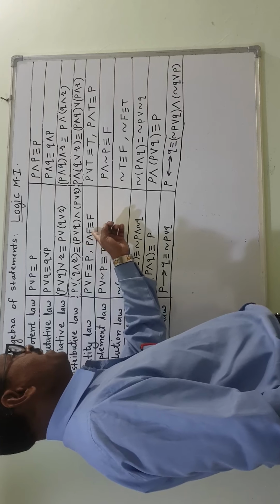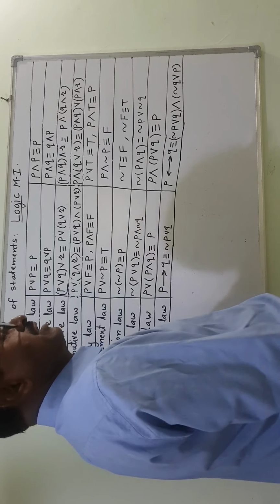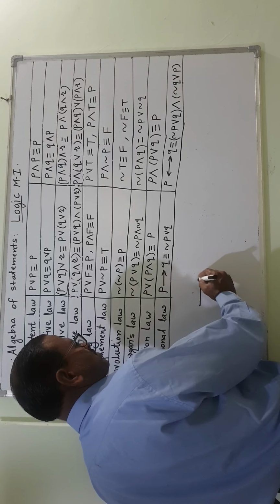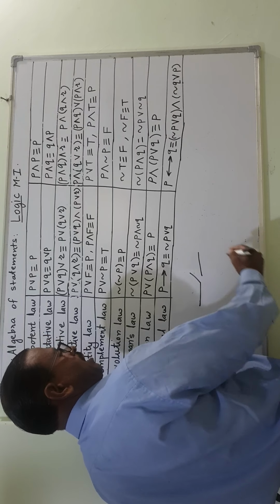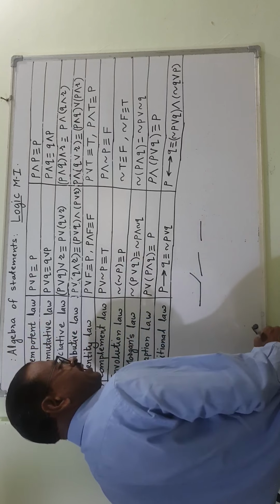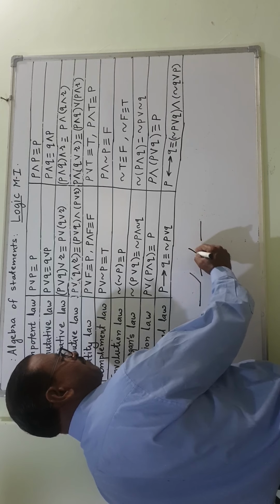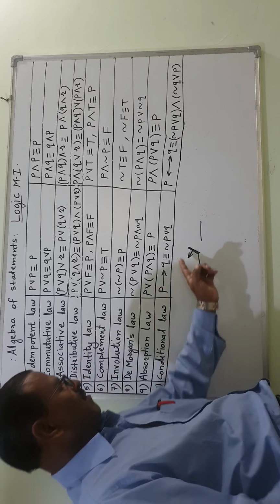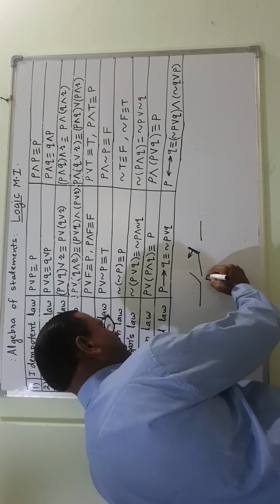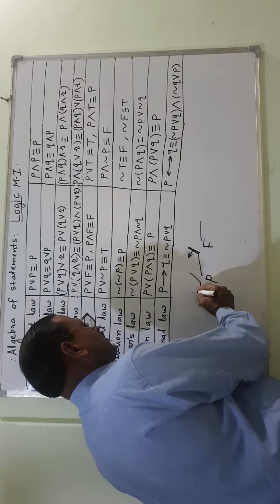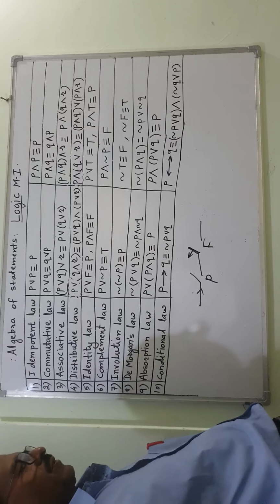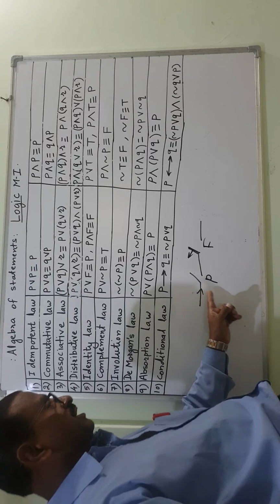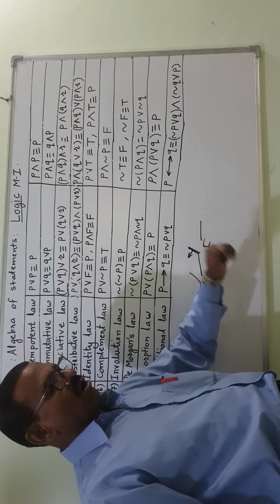Now, P and F is equal to F. P and F. I will try to see P and, means series, and F. F means this switch is totally screwed. It will never come down. This is P and this is the false switch. That is the meaning of this. Now, will this P determine whether the current will come or not?